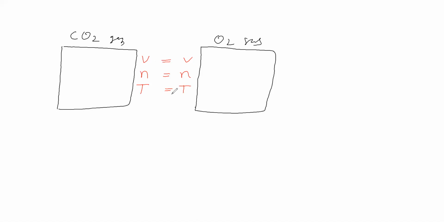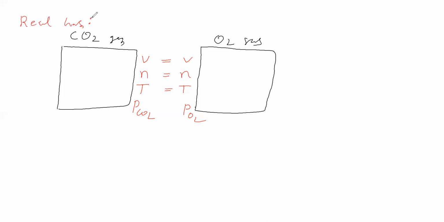Now we have to see the pressure of carbon dioxide and the pressure of oxygen. Do you say that the pressure of carbon dioxide and pressure of oxygen remain the same practically?